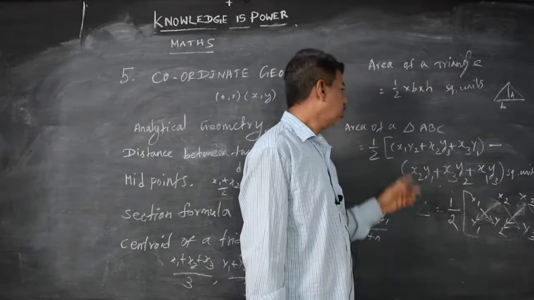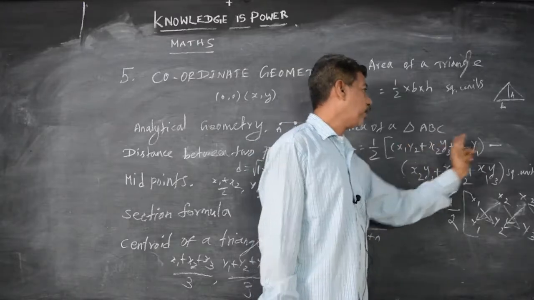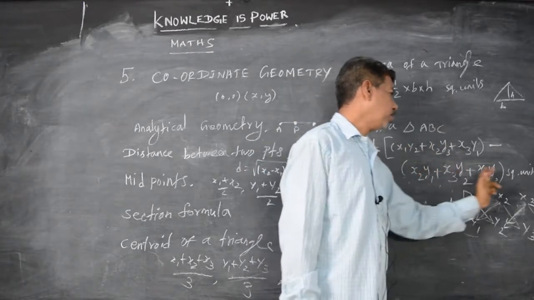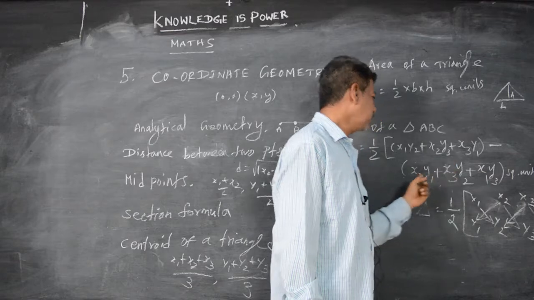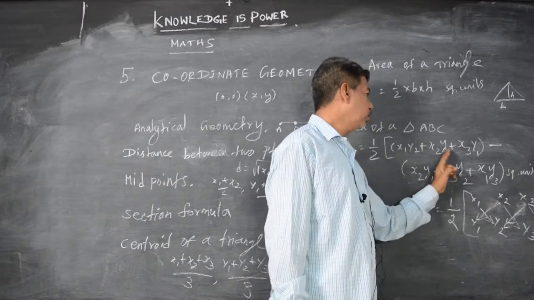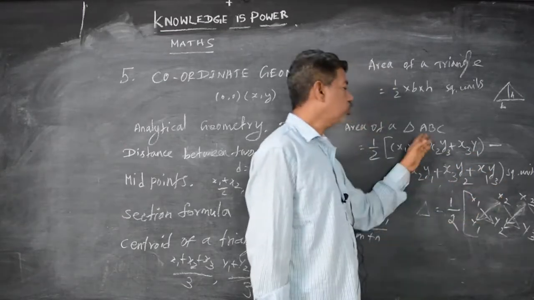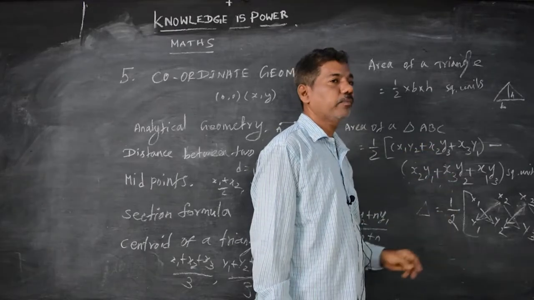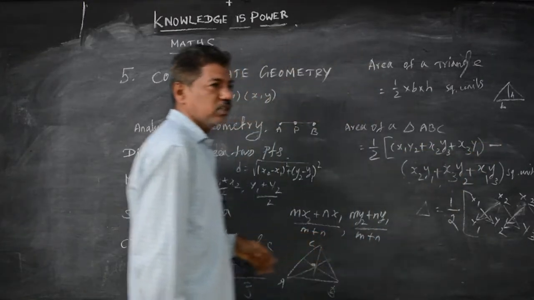Write 6 pairs: xy plus xy plus xy, minus the others: 1 2 means here 2 1, 2 3 means here 3 2, 3 1 means 1 3. But you should not change this to here, this to here, as that will make it difficult to get the answer. Is it clear?